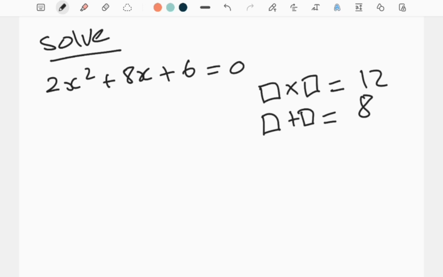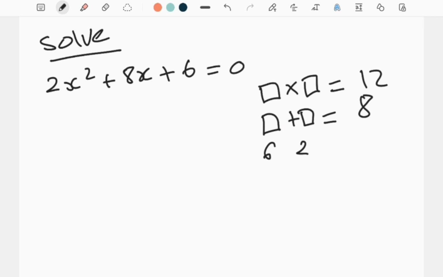Coming up with the numbers in this case is pretty easy: two numbers that times to give 12 would be 6 times 2, and if you add them together it would give you 8. So we have our numbers.